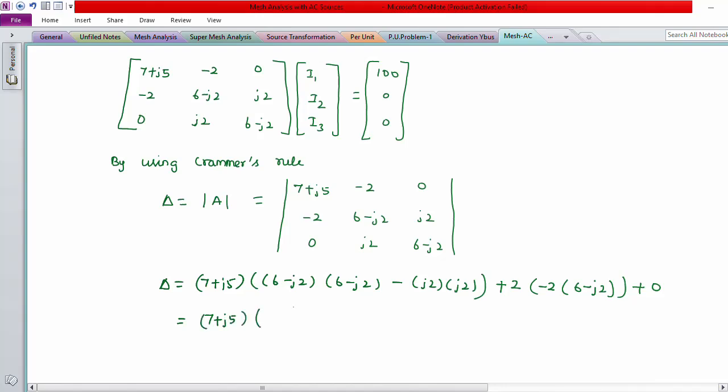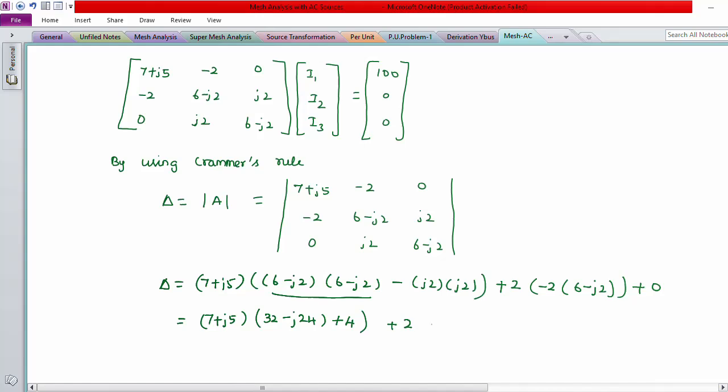We have to do the complex multiplication in the calculator. If you do the complex multiplication for 6 minus J2 into 6 minus J2, it becomes 32 minus J24. Here J2 into J2 becomes minus 4, so minus into minus becomes plus 4.